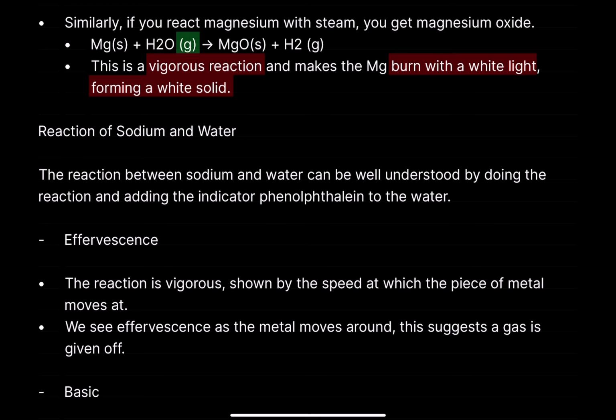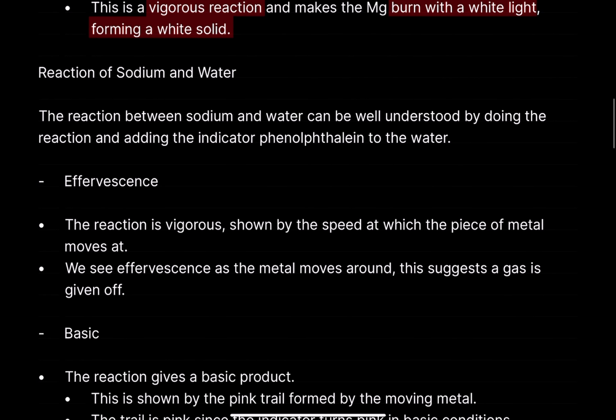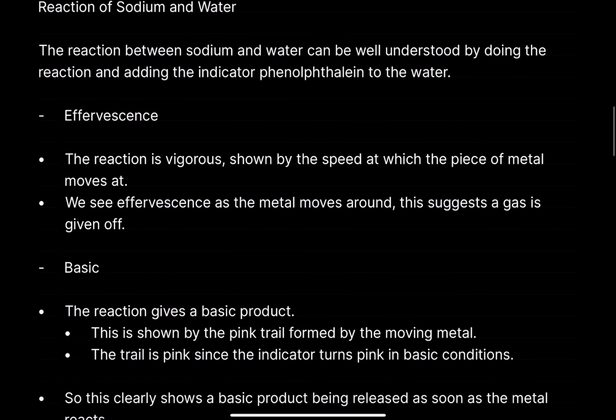And that emphasizes that there's effervescence of H2 gas as it forms sodium hydroxide and H2 gas, and the way that it's moving shows that it's a very vigorous reaction.